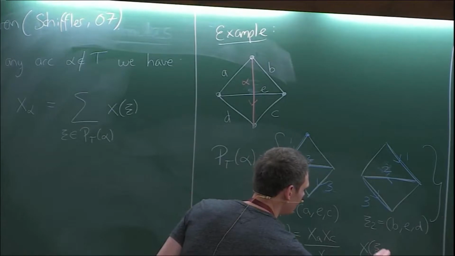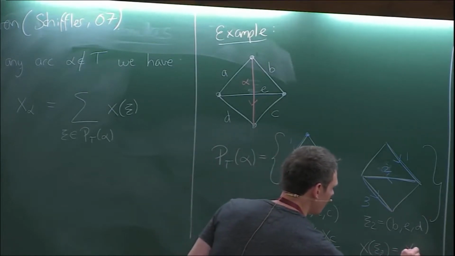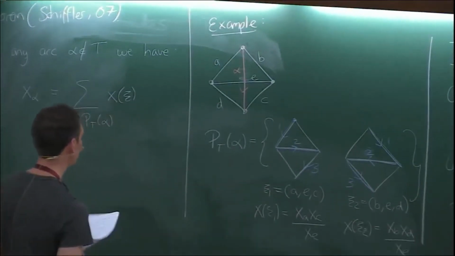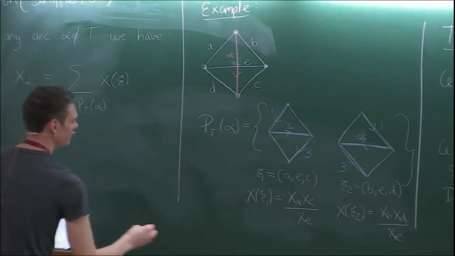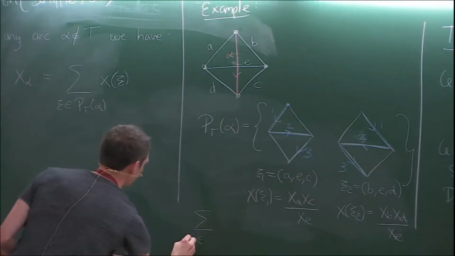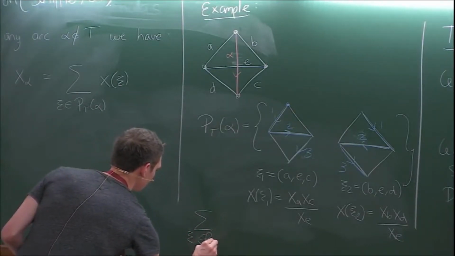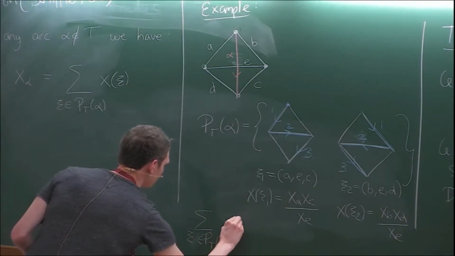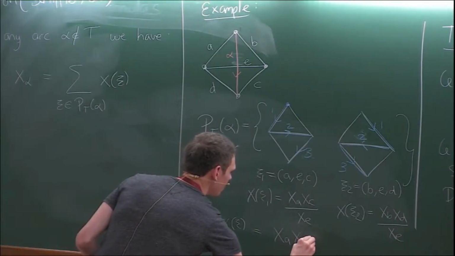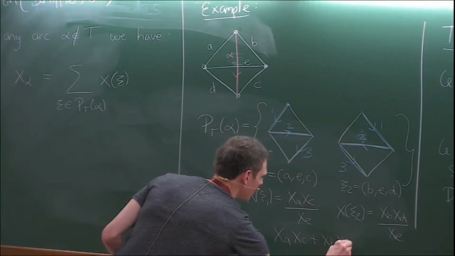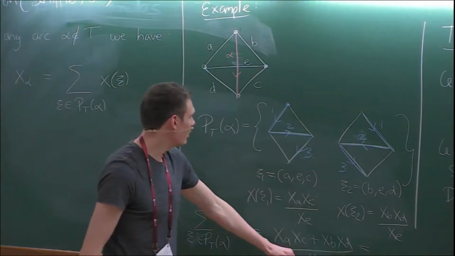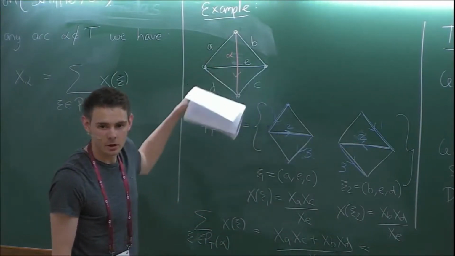X of zeta 2 is going to be XB, XD, all over X of E. And then we can write this, and when we get to this expression, we instantly know that this is x of alpha by the Ptolemy relation, right?